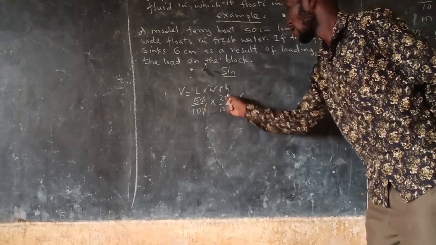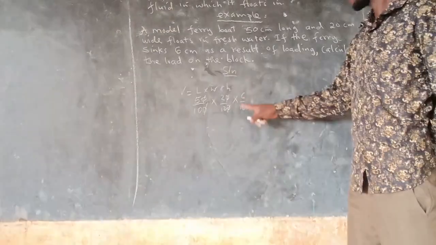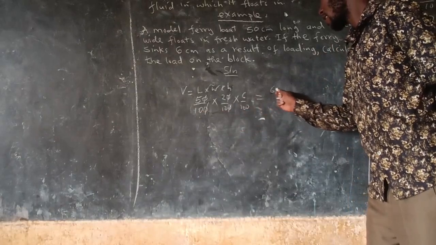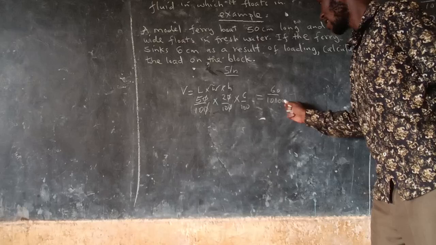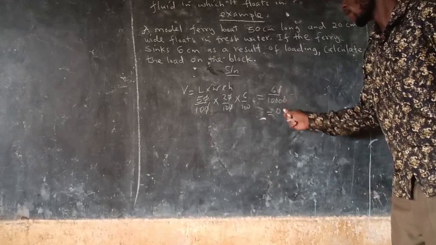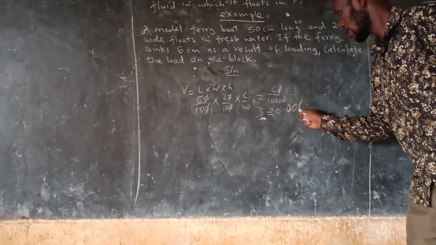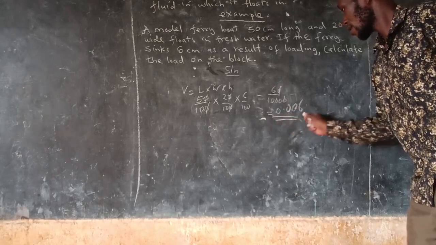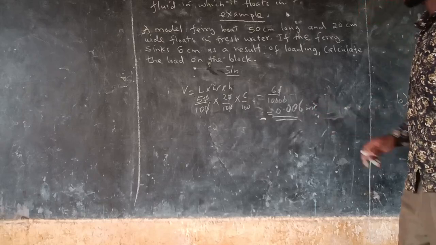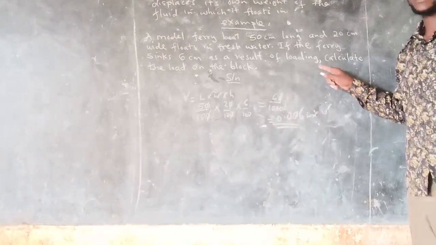So this is 5 times 2, which is 10, times 6 gives you 60. 60 divided by 10,000, which gives us 0.006 cubic meters. Now, this is the volume of the liquid that was displaced.